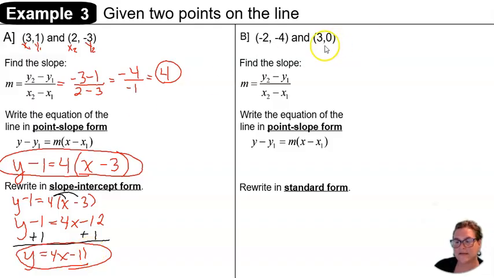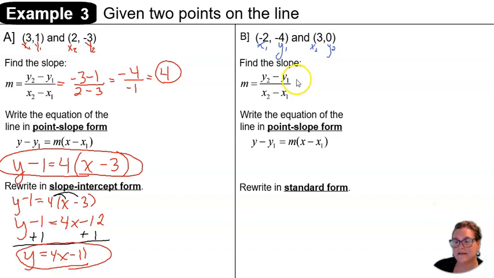Okay, let's try that process now when we're given the points (-2, -4) and (3, 0). So I'm going to label my coordinates x1, y1 for the first point, and x2, y2 for the second point.